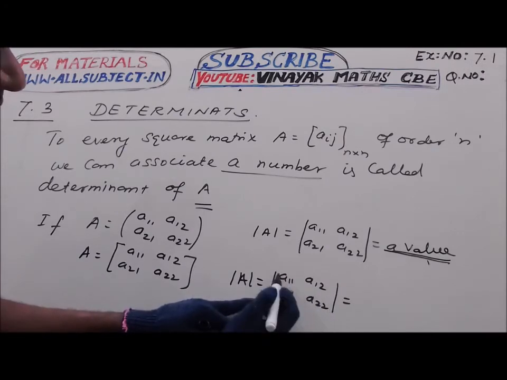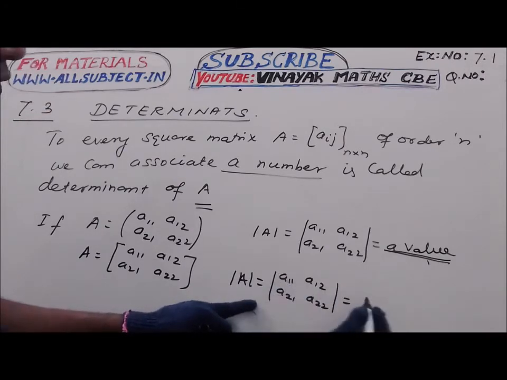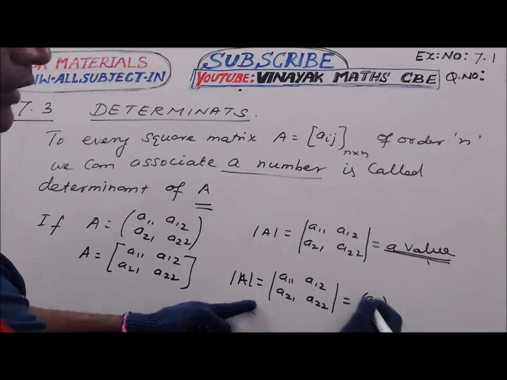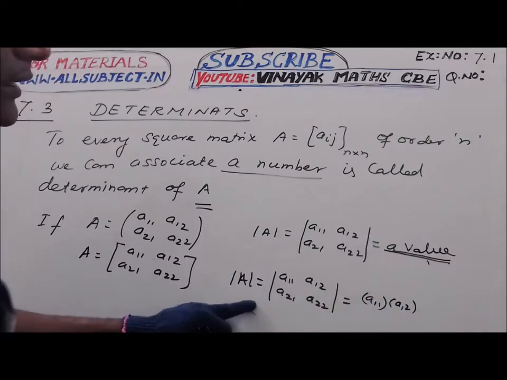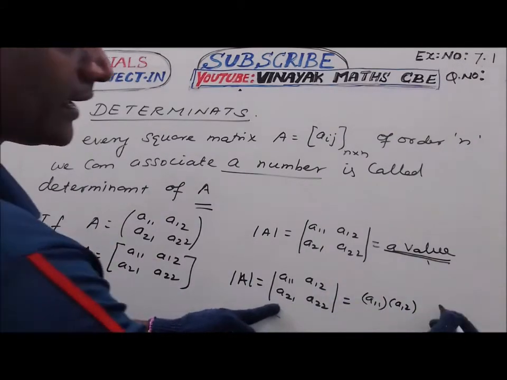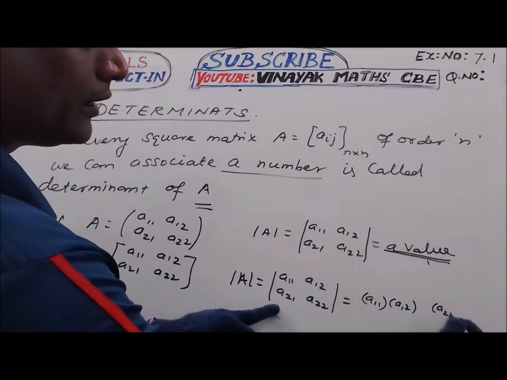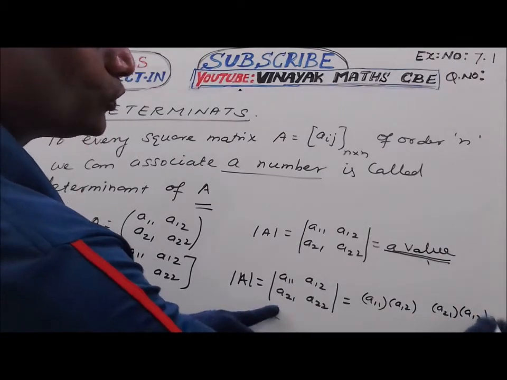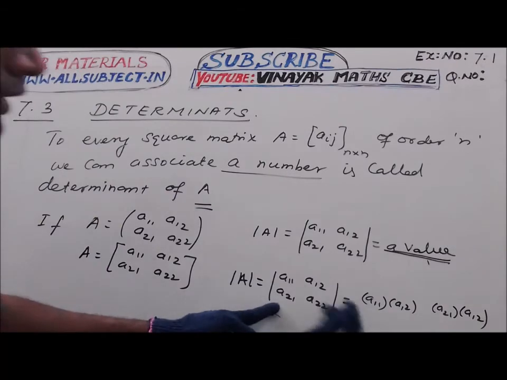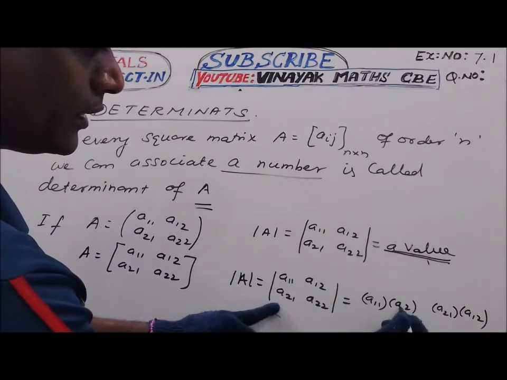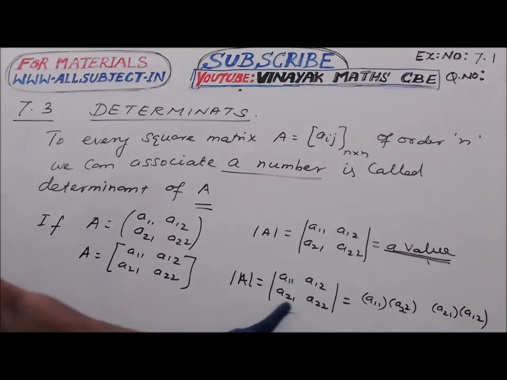Just cross multiply the leading diagonal first, A11 into A22, and then the secondary diagonal, A21 into A12.